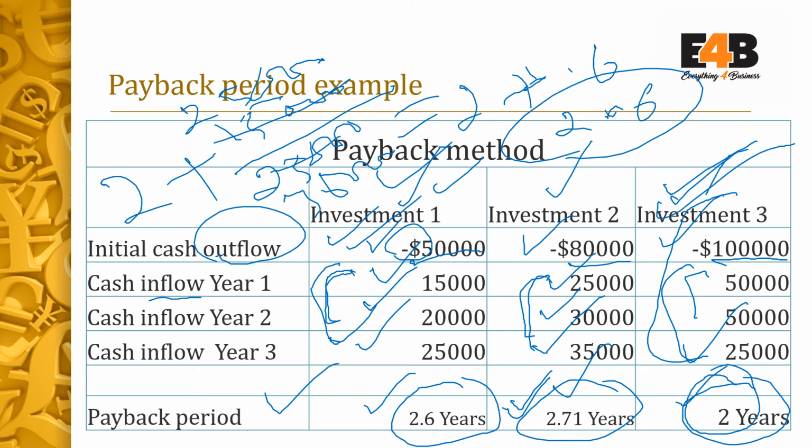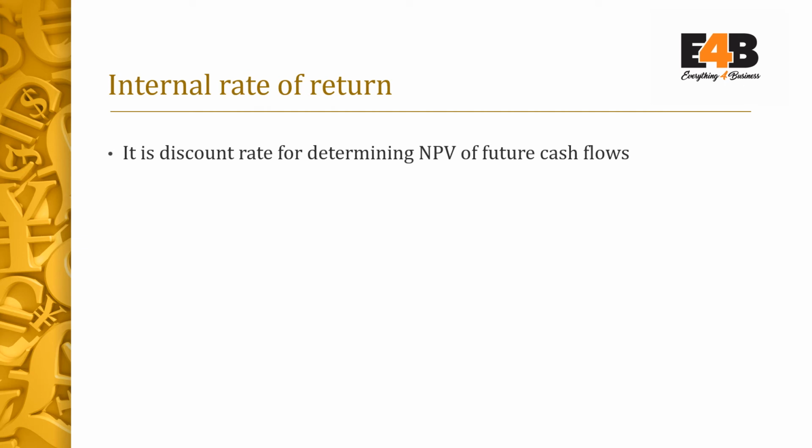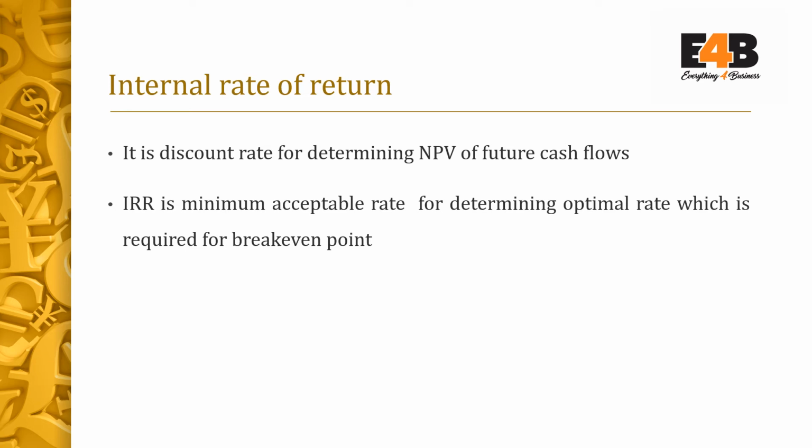So in order to move further with other methods for long-term projects, we have internal rate of return. Internal rate of return is the discount rate that is used to identify potential future investments that may be profitable. The IRR, short form of internal rate of return, is used to make the net present value of cash flows from a project investment equal to 0.